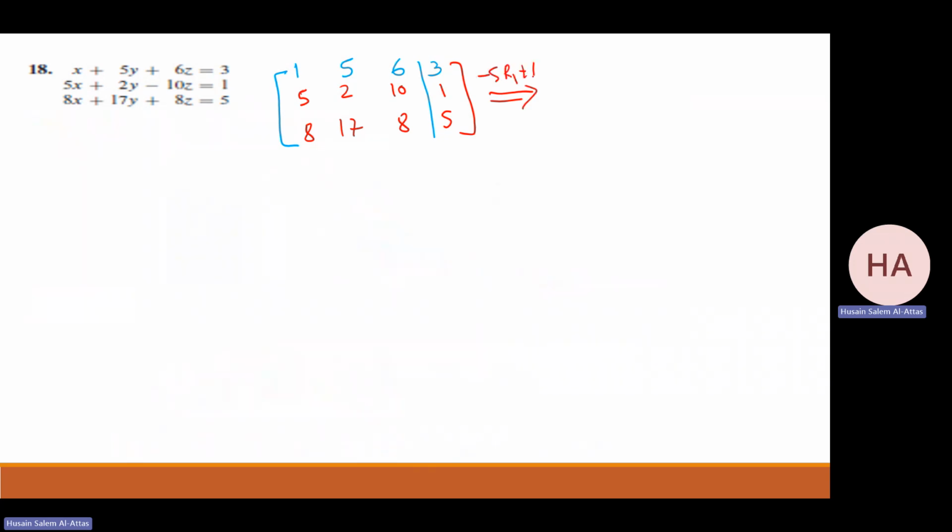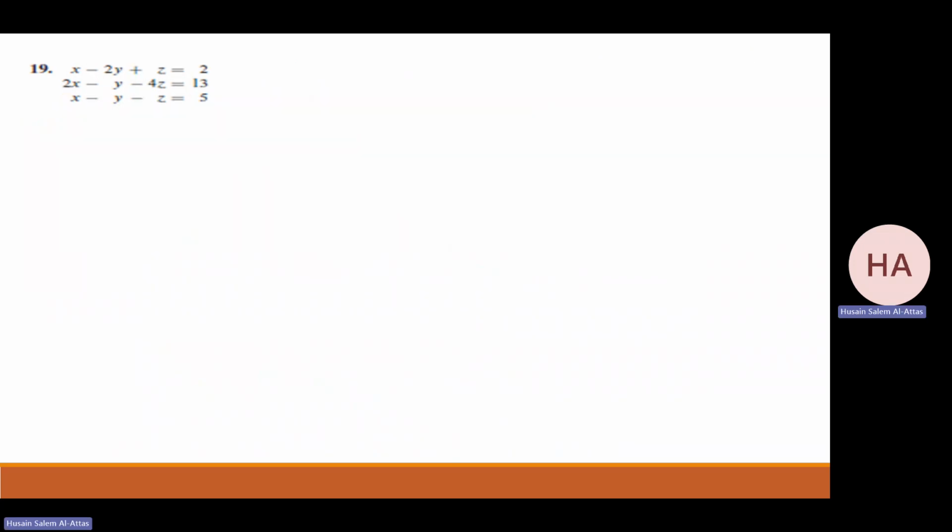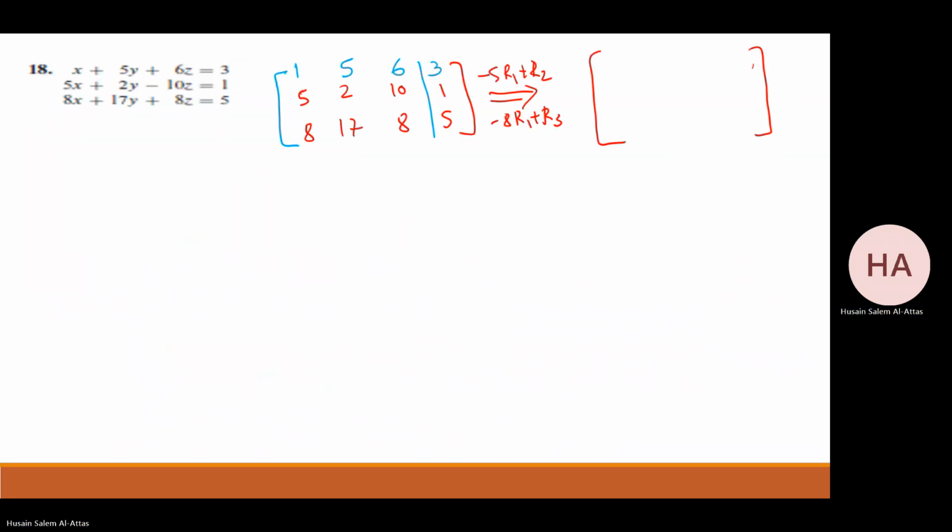What I will do now? -5 R1 plus R2, minus 8 R1 plus R3, to see what we will get. This one, no change.